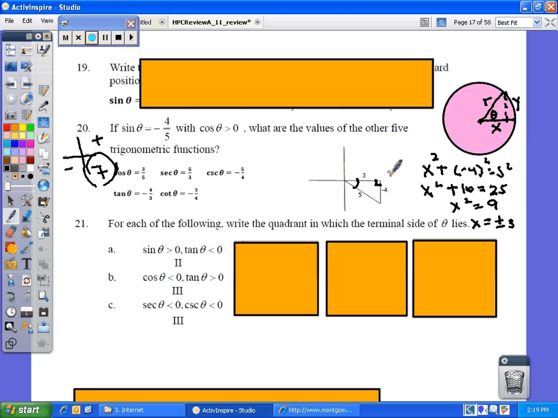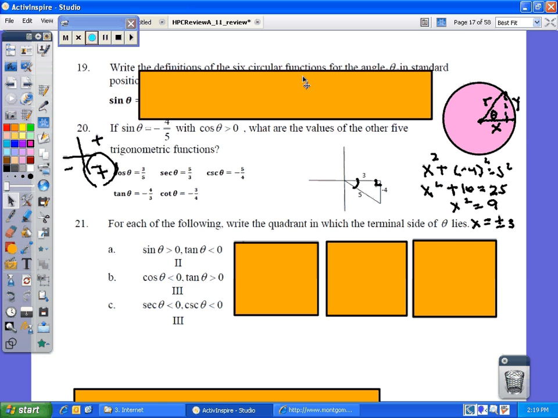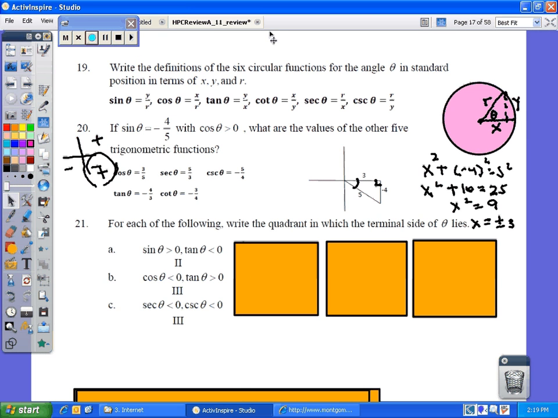Once you have your sides, then you can just use the definition of the 6 trig functions that we have here and come up with the appropriate values. So for example, cosine is adjacent over hypotenuse. In this case, adjacent is 3, hypotenuse is 5. And then secant's the reciprocal of that, so I just flip the fraction.